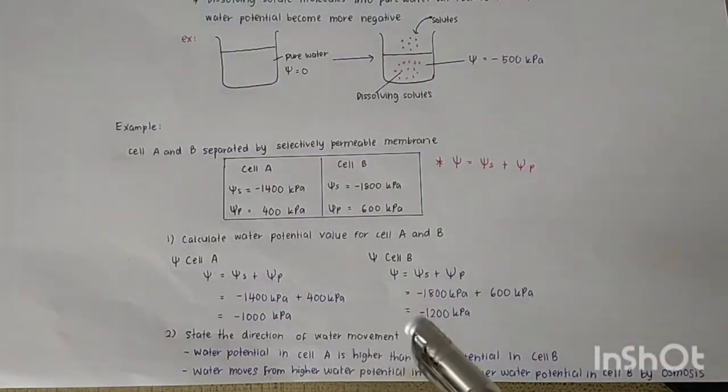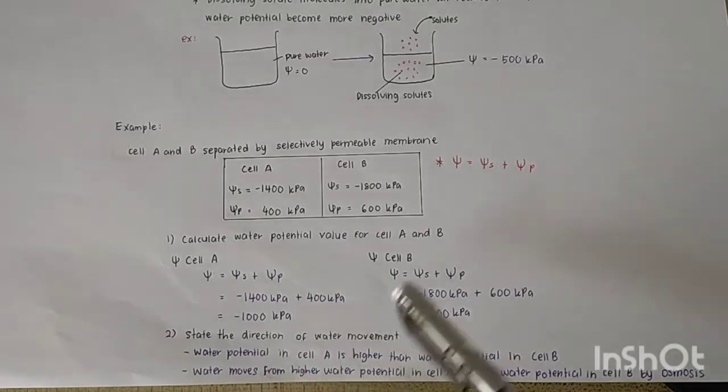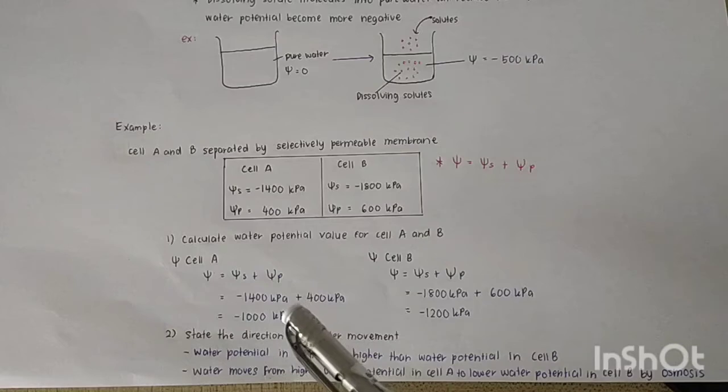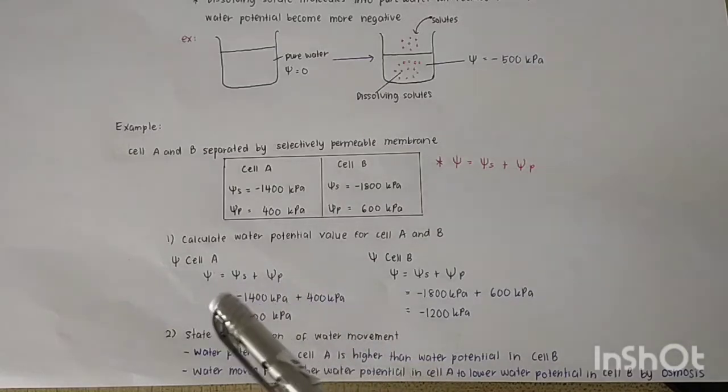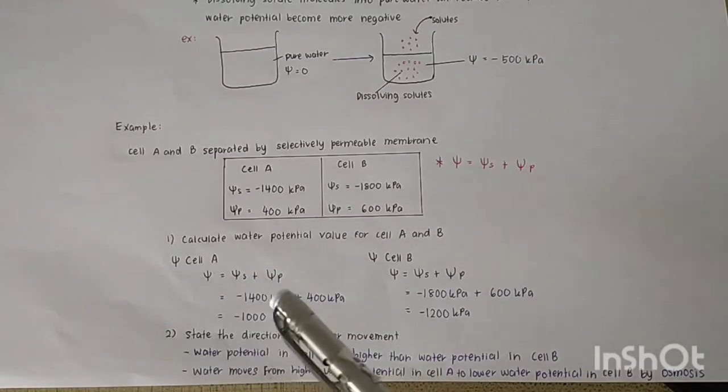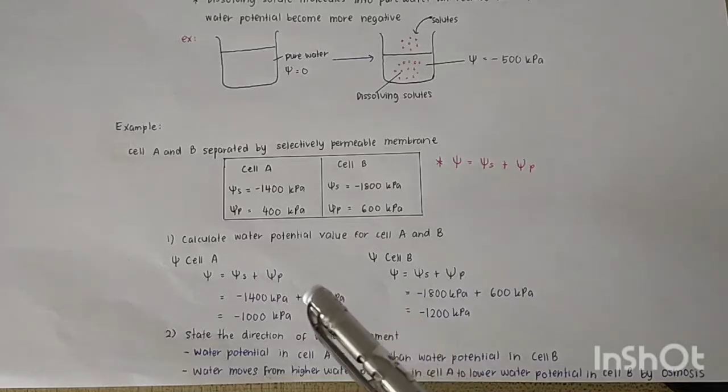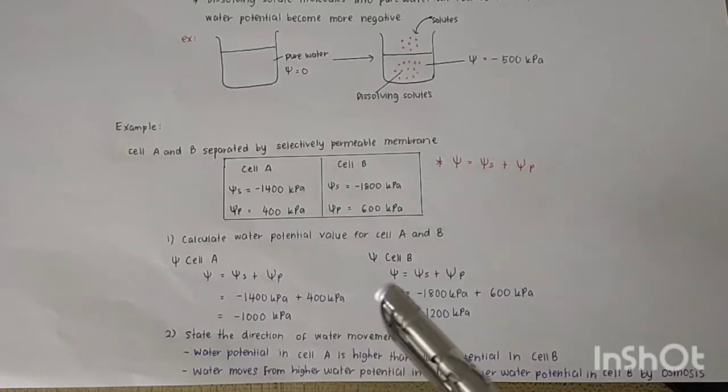Okay, so that's why bila kita tengok second question, the question wants you to state the direction of the water movement. Kalau kita ikutkan dari segi the definition of osmosis, the water moves from higher water potential region to lower water potential region across a selectively permeable membrane.